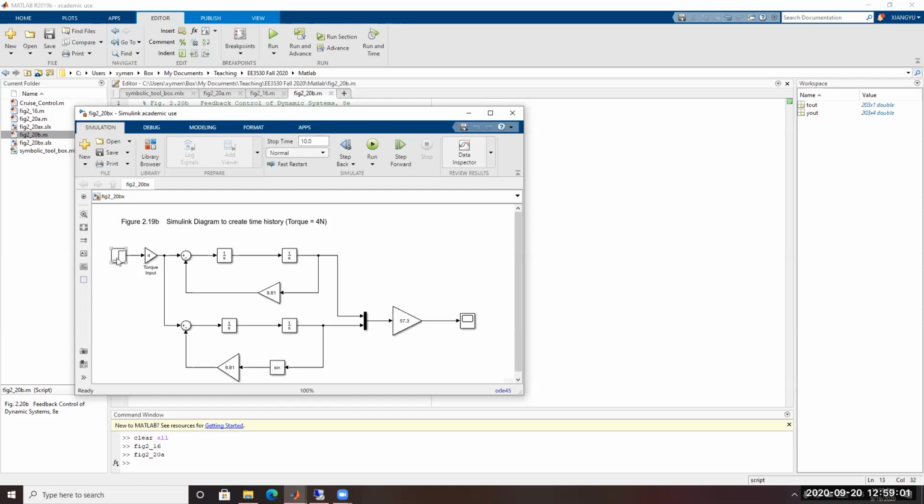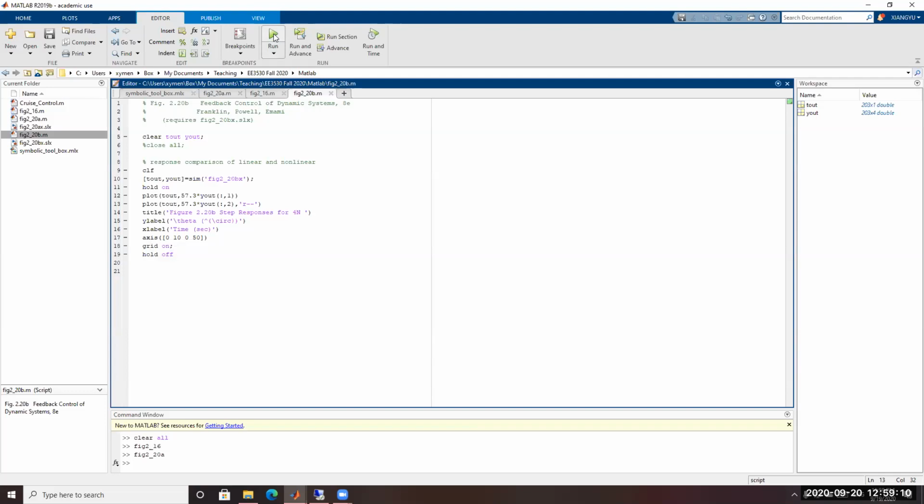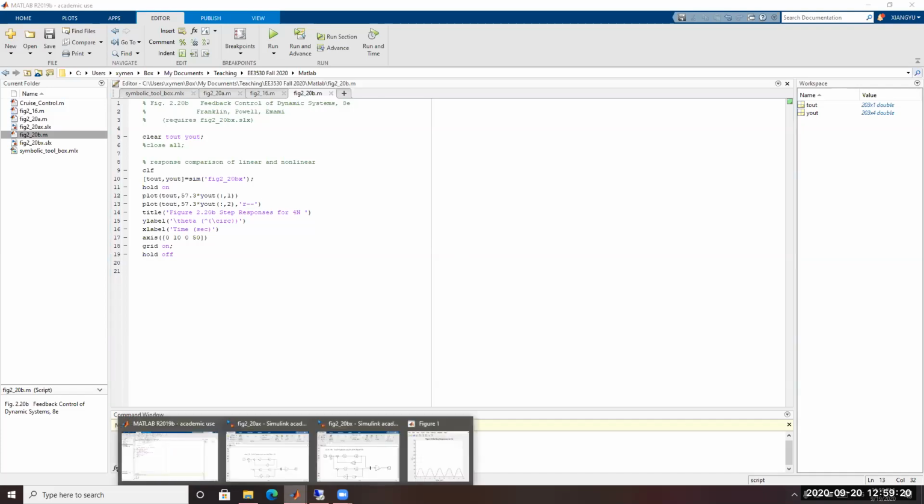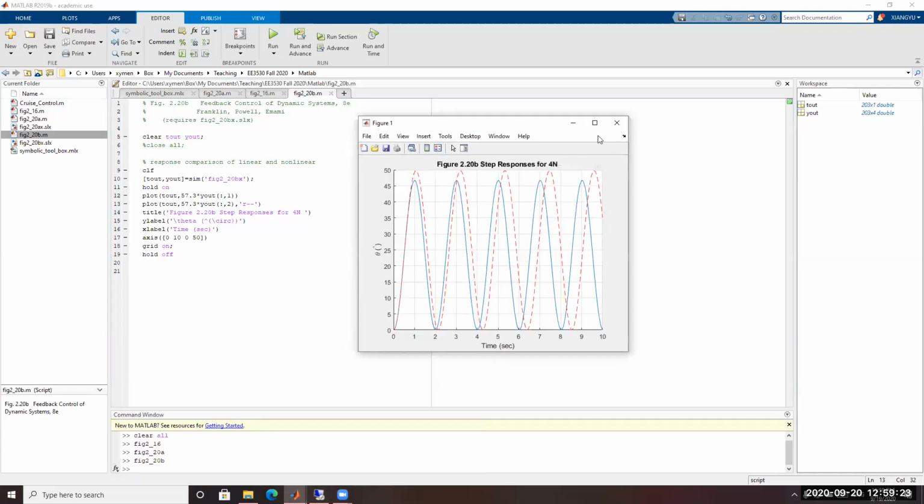We still have the unit step, but we multiply the unit step signal by 4. Then let's run this program. Now you see the figure.